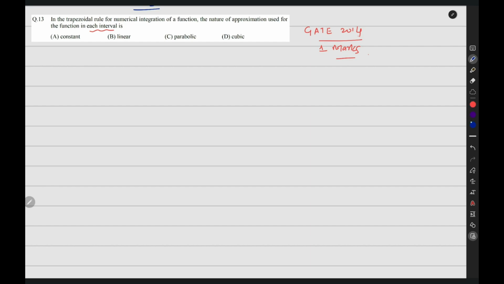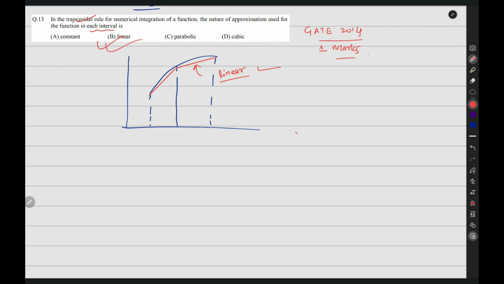So during the theory we have seen that, suppose that this is a function, so according to the approximation from one interval to the other interval, we have taken an approximation that during each interval the function joining is through a straight line like this, through a linear line. So we have done this approximation. So for trapezoidal, answer is linear, that is option B.